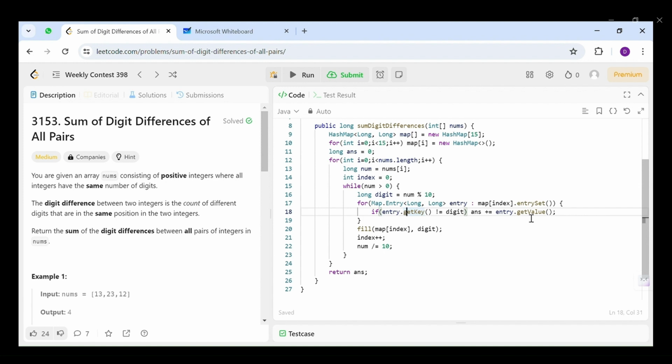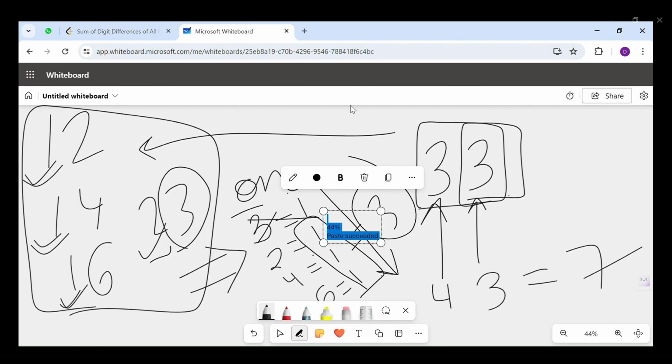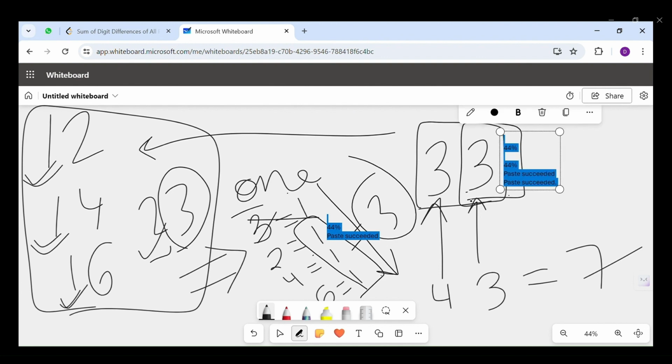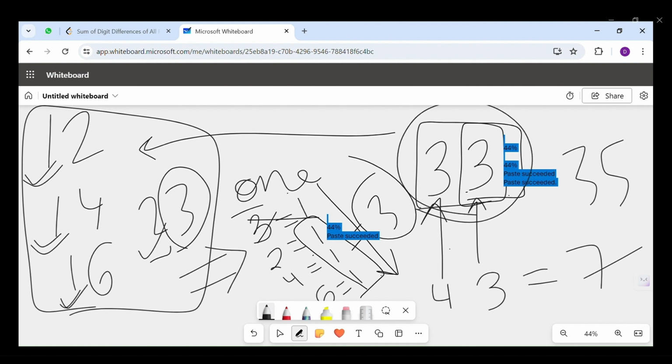Then after I complete this, I just fill that current map with the digit, means for ahead digits, like if we have some other digit after this like 34, or let's say 35, we will have to calculate the digit difference of 35 with all of these numbers.